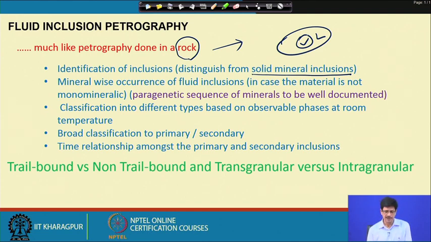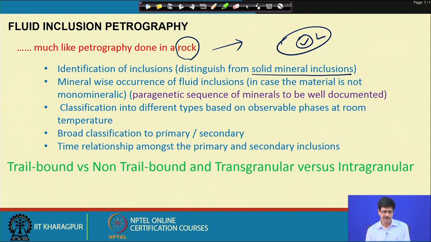And then, regarding the mineral-wise occurrence of fluid inclusions, if we are not studying a monomineralic material like a quartz vein, sometimes we study fluid inclusions in a metamorphic rock consisting of many minerals like garnet, clinopyroxene, or sometimes even cordierite or scapolite or some other mineral in which we can see fluid inclusions. Then it is very essential that we make a one-to-one correspondence between the inclusions and their host.